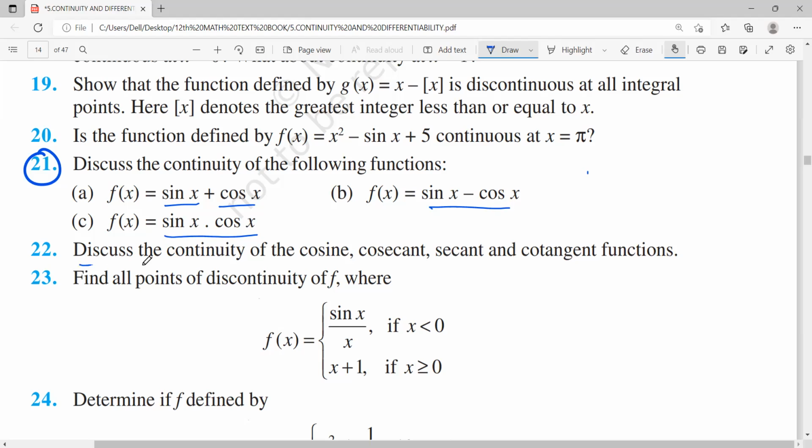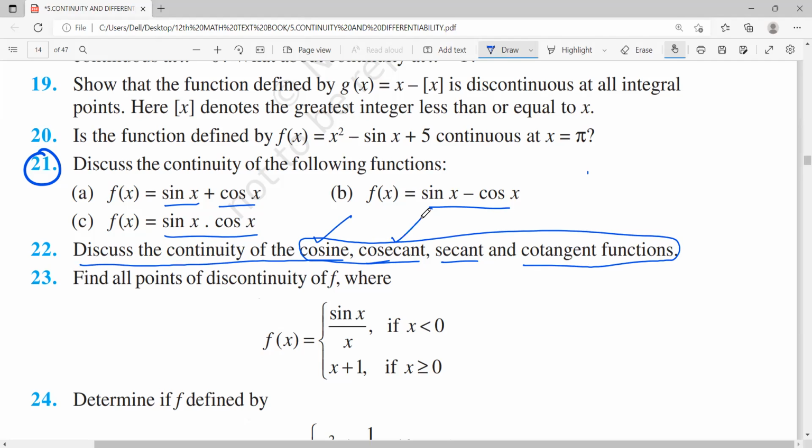So discuss the continuity of cosine, cosecant, secant, and cotangent functions. Cosine is a continuous function. Cosecant function is continuous.